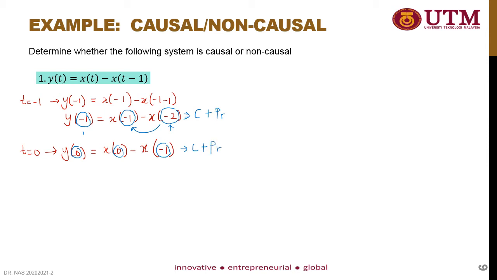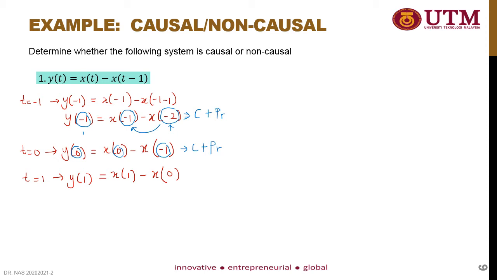Okay, let's try one positive value of t. So when t equals 1, you have y(1) equals x(1) minus x(1 minus 1), you get x(0). Okay, let's compare the states.